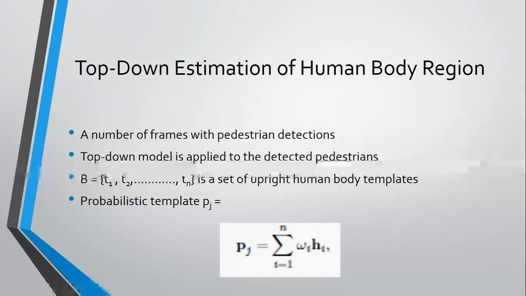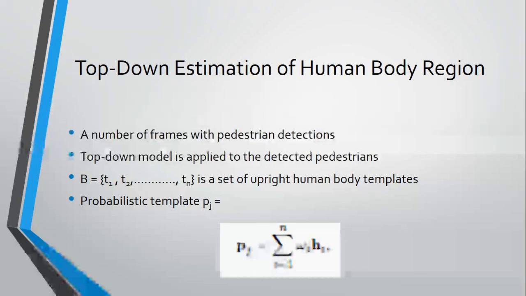From the top-down perspective, the algorithm applies shape priors probabilistically to candidate image regions obtained by the pedestrian detection. Let's say we have a subset, set B, of the upright human body templates in the database obtained from a sample dataset.